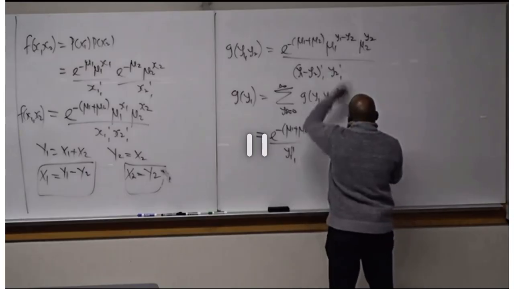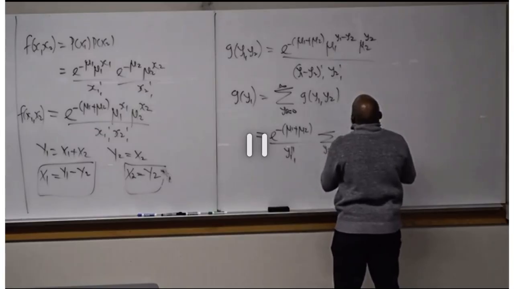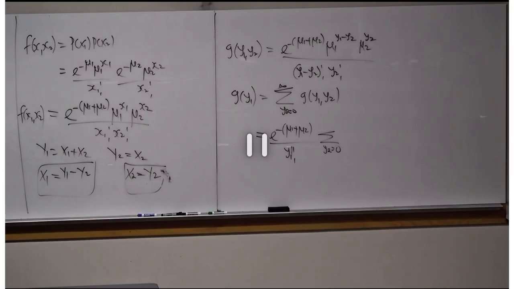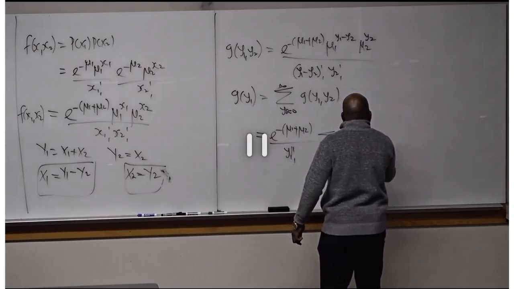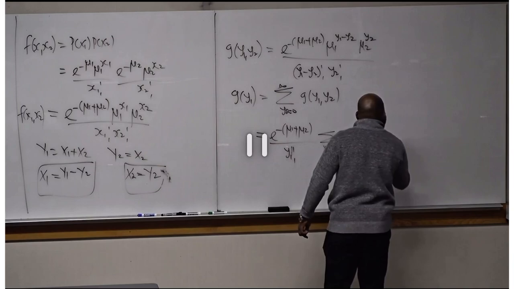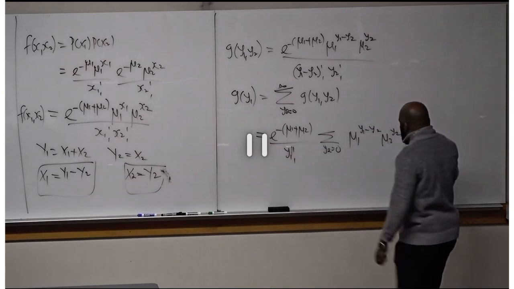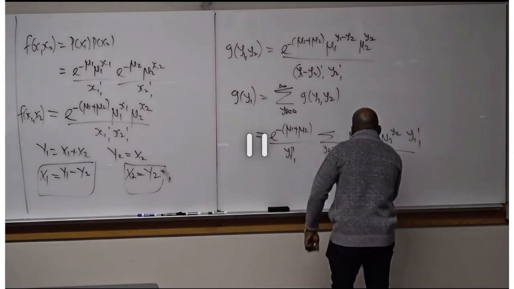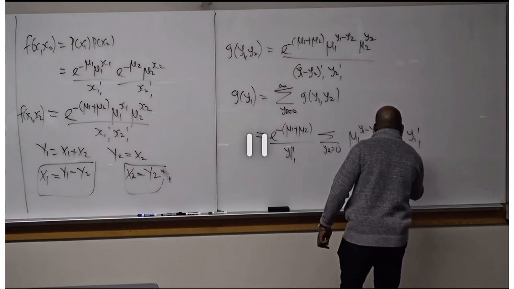Now, if I put that out, I still have mu1 raised to power this and mu2 raised to power this. Then if I put this here, I have to put this here so that this can cancel out. Now divided by (y1 minus y2) factorial, y2 factorial.